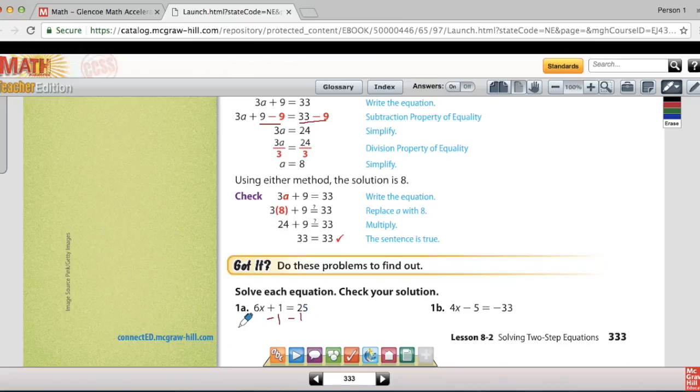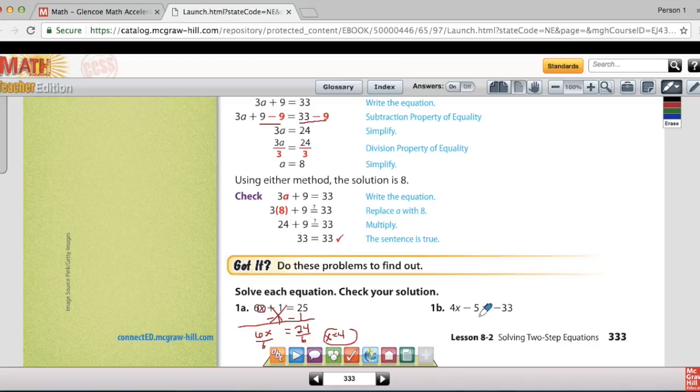And my first step here to isolate the variable x is going to be to subtract 1. Again, I don't put a 0 down here because that's not necessary. I'm going to say 25 minus 1 is 24. And we bring down the 6x, divide by 6, divide by 6, x equals 4.